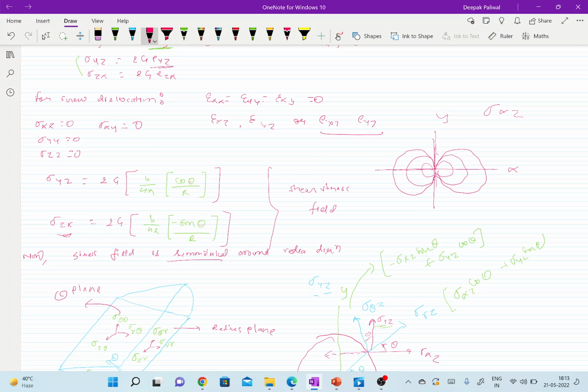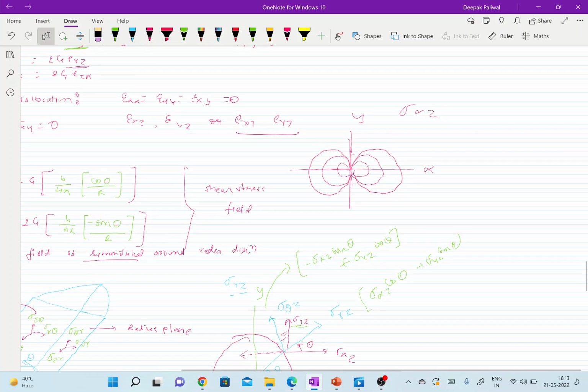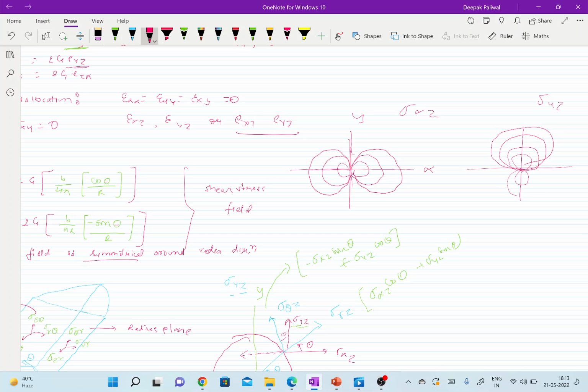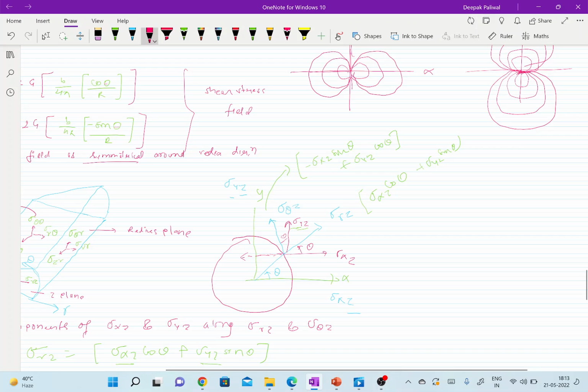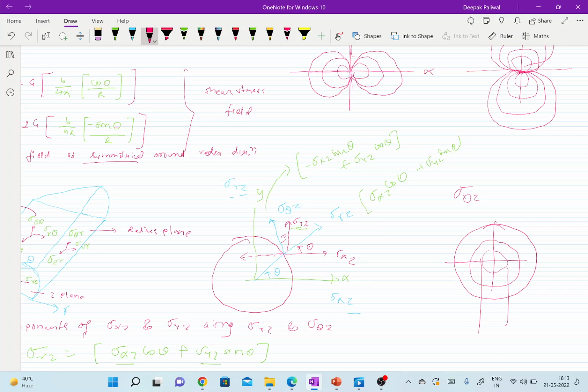The stress field is like this for sigma yz. For sigma yz it would be like this. And in the radial direction, for sigma theta z, I have shown that it would be like this, and minimum radius r naught, which is the dislocation core where our elasticity assumptions are not valid.